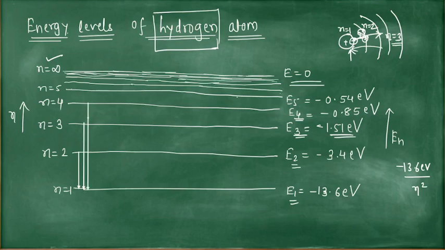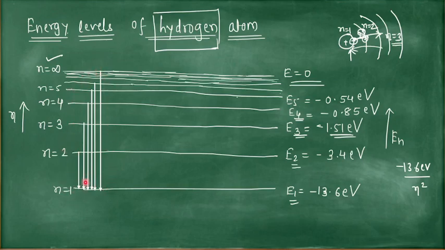Then n is equal to 4, again outer orbit to inner orbit. Next is n is equal to 5 to 1. So you can show this up to n is equal to the last; in between, lines are not shown. n is equal to infinity to n is equal to 1. So this is the transition of the electron from outer orbit to inner orbit.